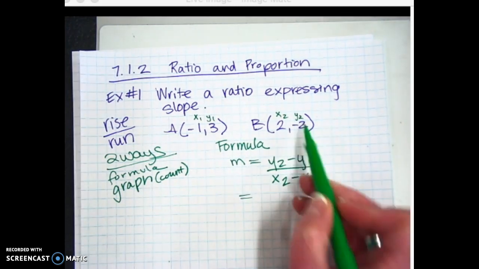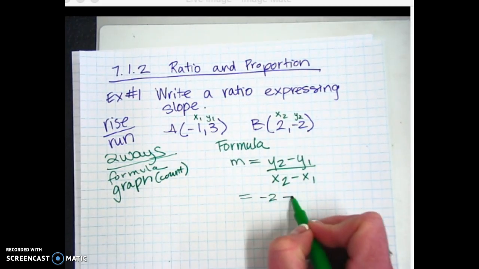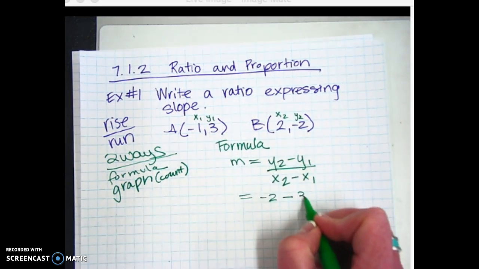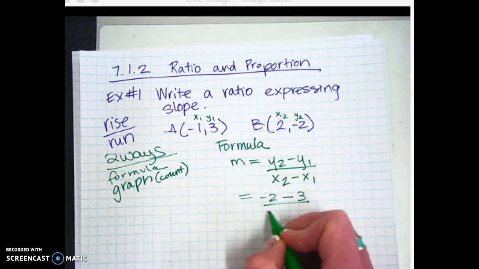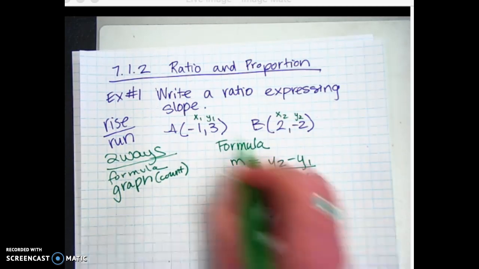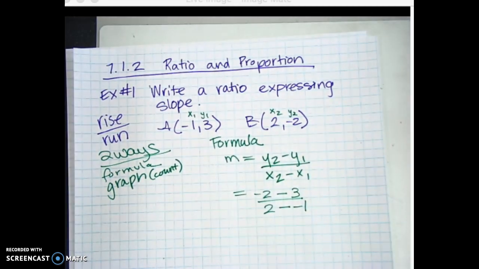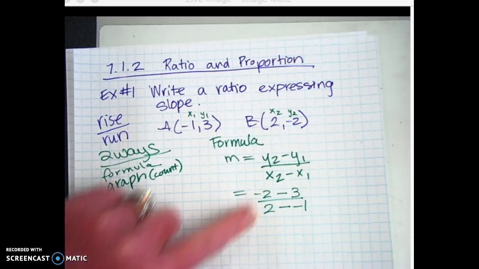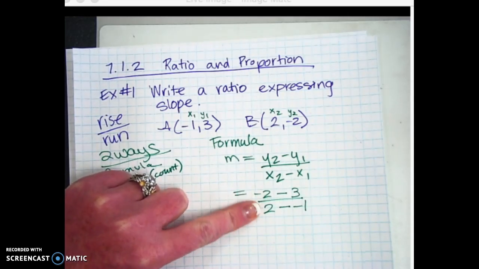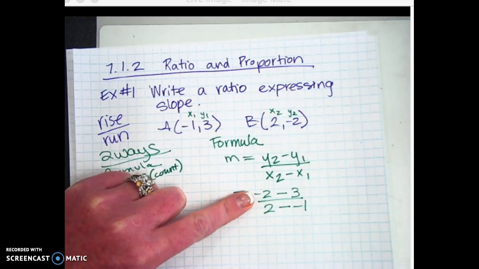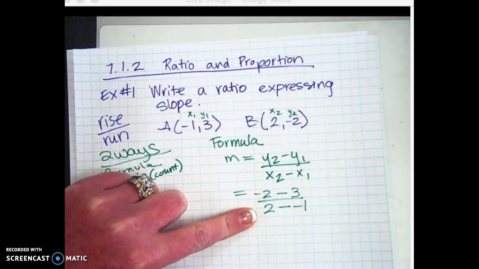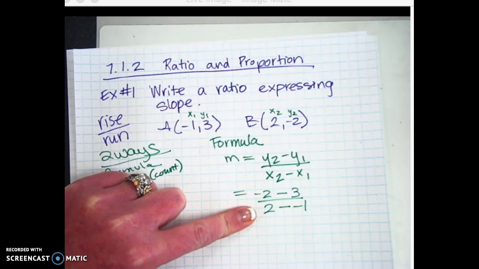Okay. So y2 is -2 minus y1, which is 3, over x2, which is 2, minus x1, which is -1. You can see here, the only way you would mess this up is if you didn't know your pre-algebra rules, right? How to deal with adding and subtracting positive and negative numbers. There is a way to make the calculator do it for you.